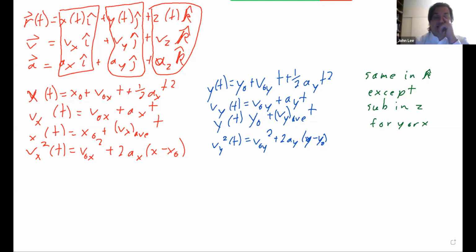So, like I said, incredibly similar to what we did last week. The main problem that I foresee is people having trouble breaking down velocity vectors into the x and y components. Otherwise, you should be fine.